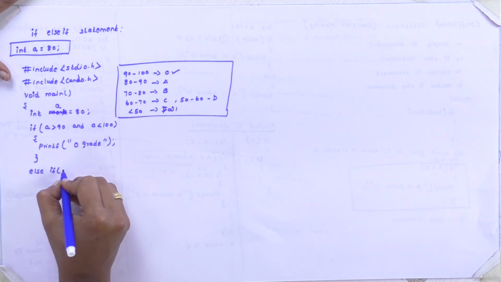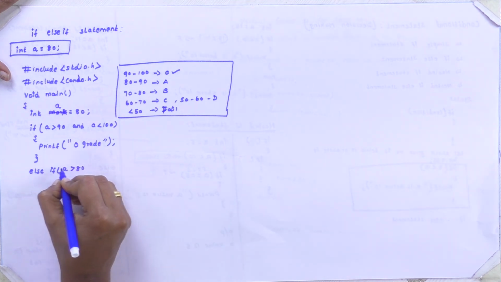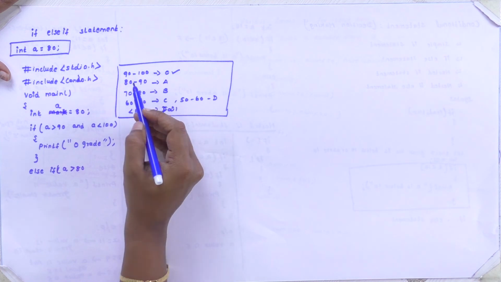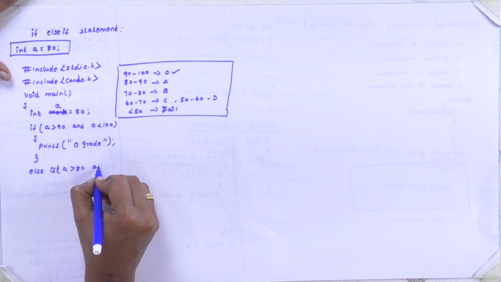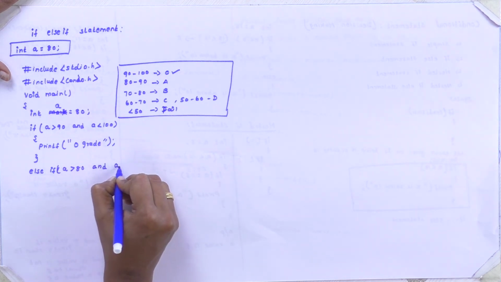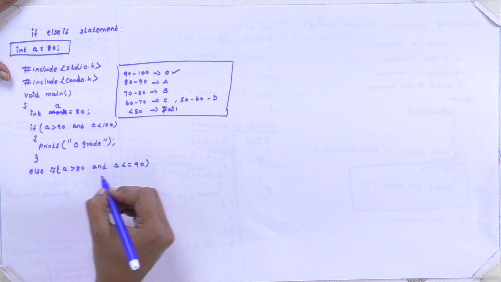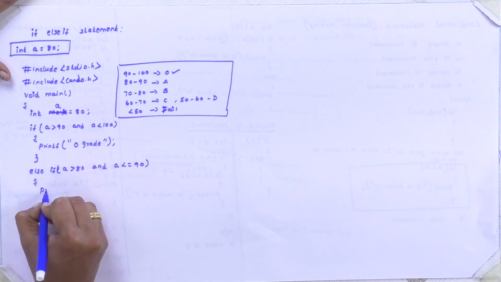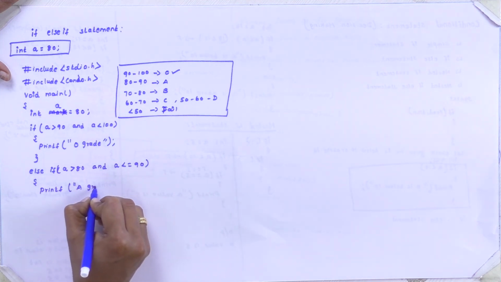A is greater than or equal to 80 and A value is less than or equal to 90. So this will come under A grade.